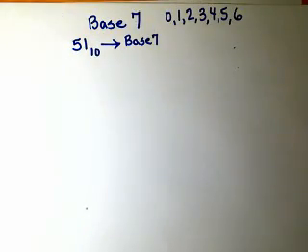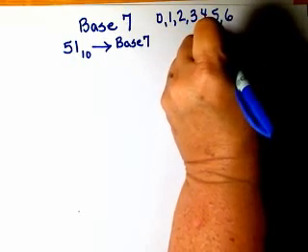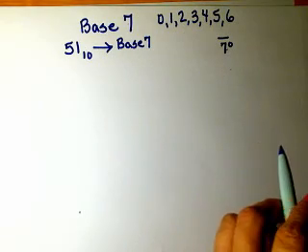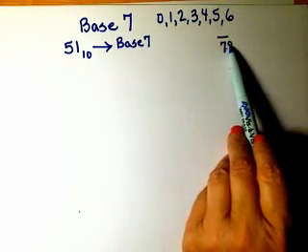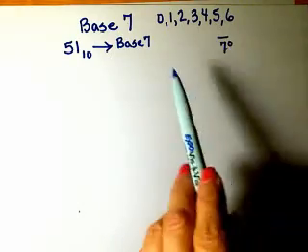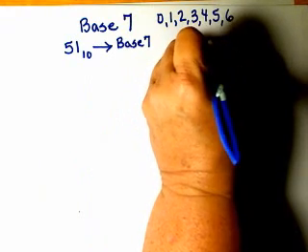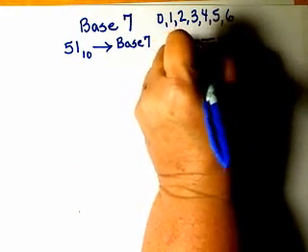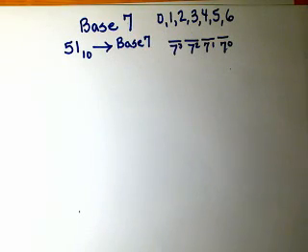If we're doing base 7, we need to remember that the first place will be 7 to the 0 power. Just like in base 5 and base 10, the first power is always 0, and then we go up by one consecutive integer: 7 to the first, 7 to the second, 7 to the third, and so forth.